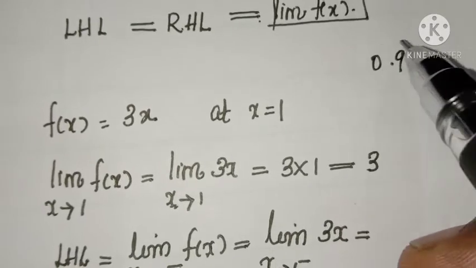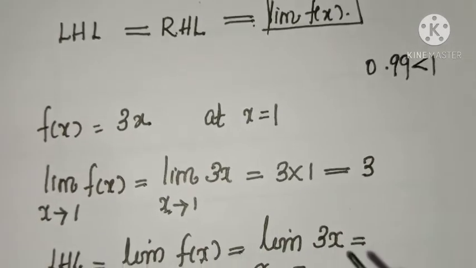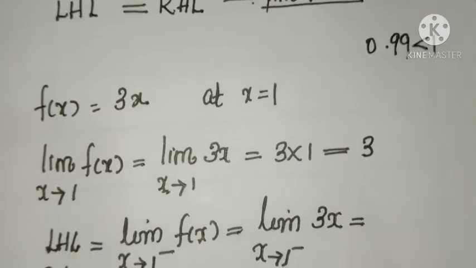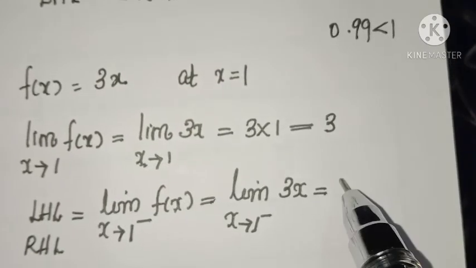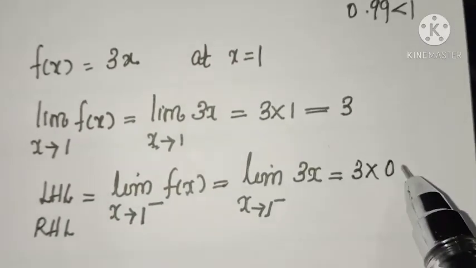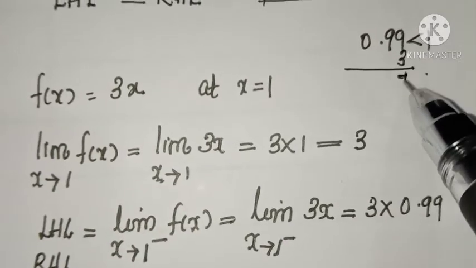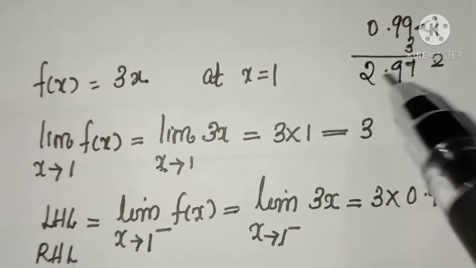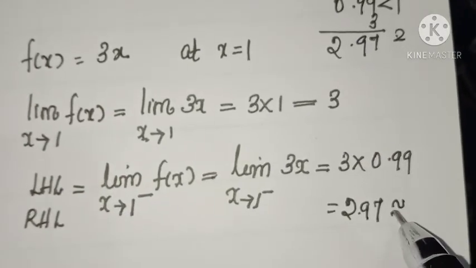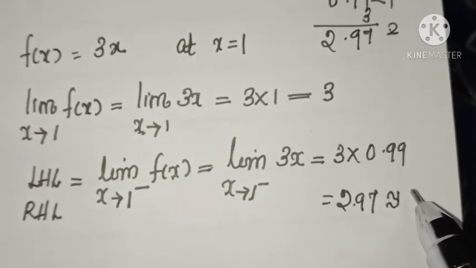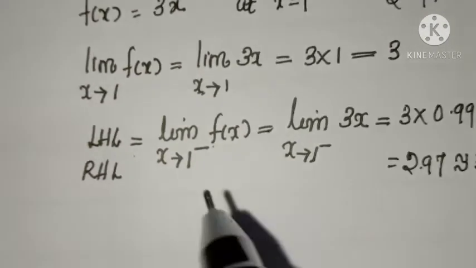It is very near to 1, and at the same time it is less than 1, to the left of 1. So, put x equal to 0.99 here. So, this becomes 3 into 0.99, which is equal to 2.97. This is approximately equal to 3. So, the left hand limit is equal to 3.